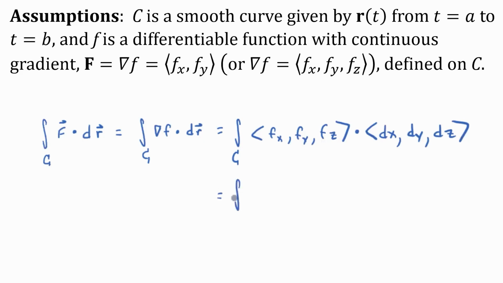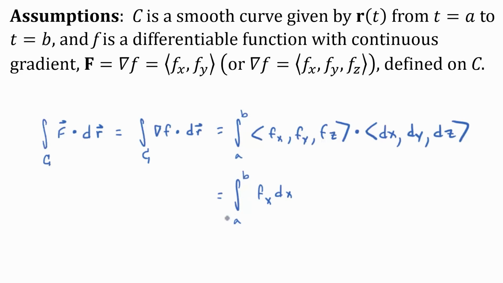And then we get the integral over C of f sub x dx. Technically when you write it this way, I suppose you could put in limits of integration. I'll go ahead and do that right now, because really, we're thinking of r of t as a parameterization for C, and when we write it this way, we're thinking of all those partial derivatives as being in terms of t, and dx and dy and dz being in terms of t.